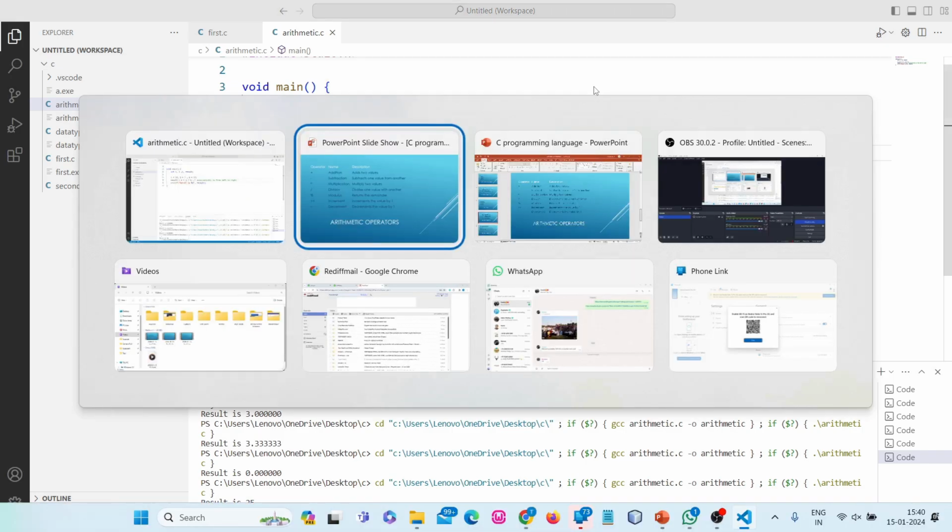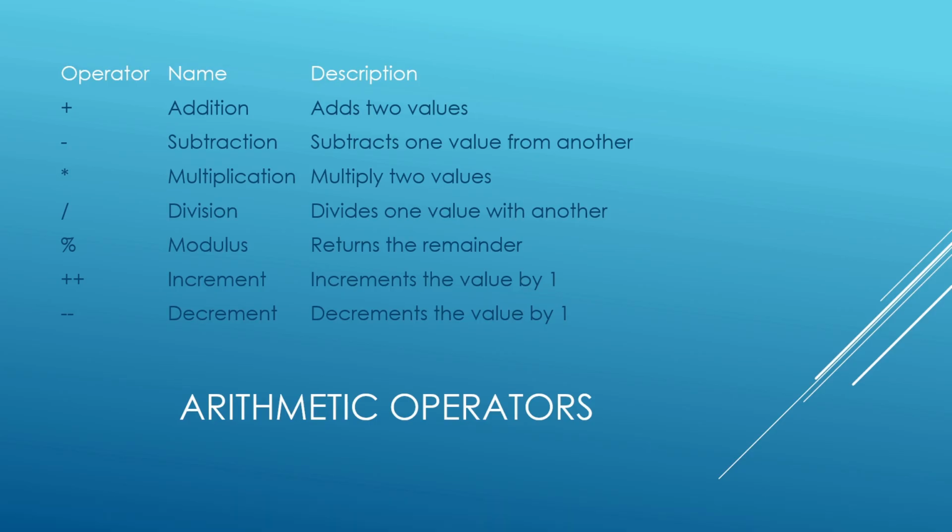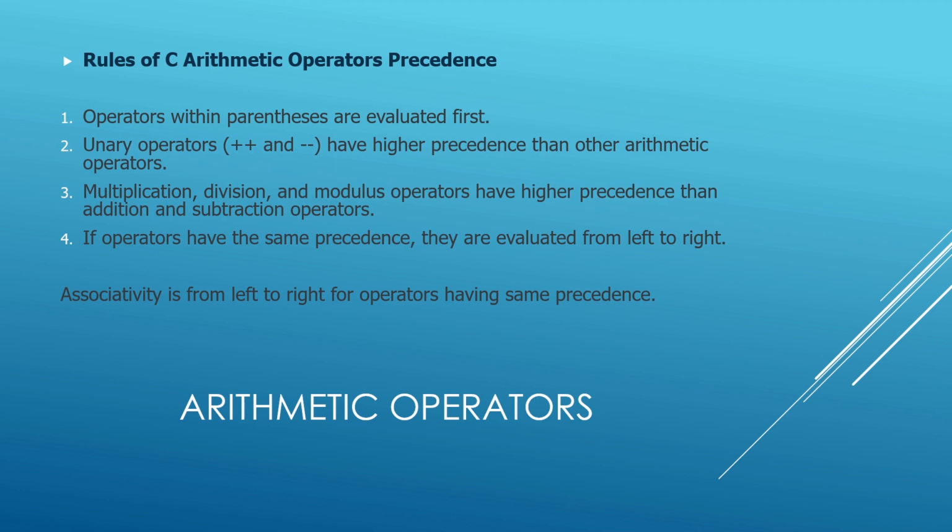Let me show you one more chart. I will cover these two, plus plus and minus minus, in a while. These are the rules of arithmetic operators. Precedence means priority. Operators within parentheses, that is round brackets, are evaluated first. Unary operators have higher precedence than other arithmetic operators, and they are evaluated first.